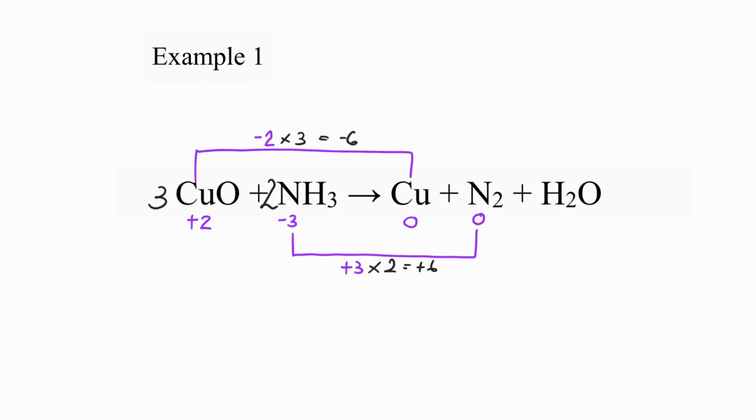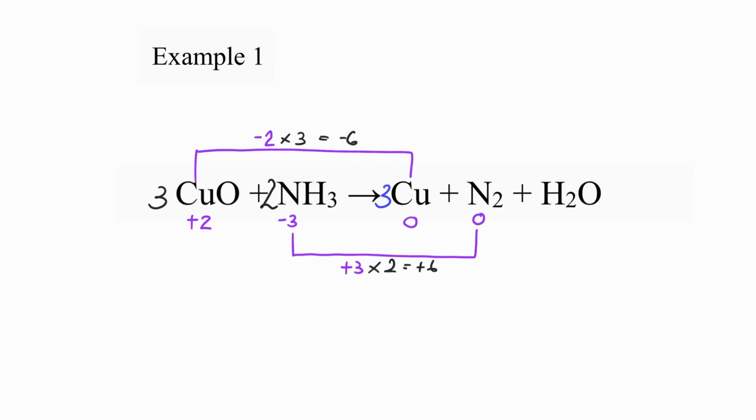We have 3 copper on the left hand side and only 1 copper on the right hand side. So we can put 3 here to balance the copper atoms. We have 2 nitrogen on the left, and just nice, we have N2 where we have 2 nitrogen atoms on the right hand side. Next, we have 6 hydrogen on the left hand side and only 2 on the right hand side.